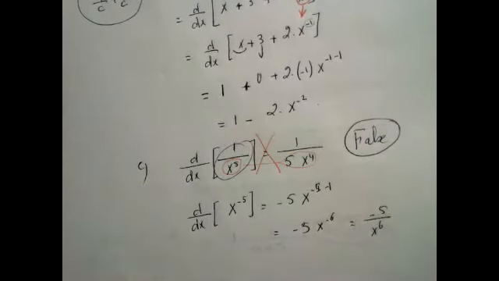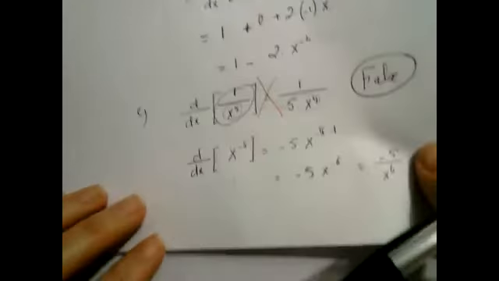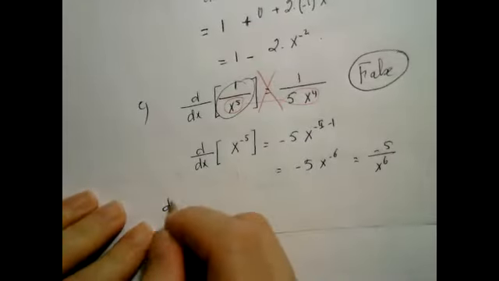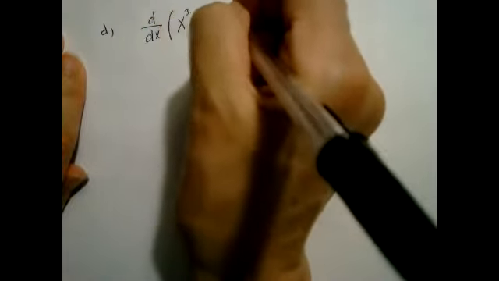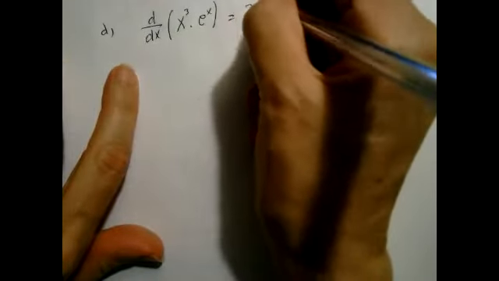Okay, and here is the following. Let's use another paper for that. So D is this. Very typical mistake.